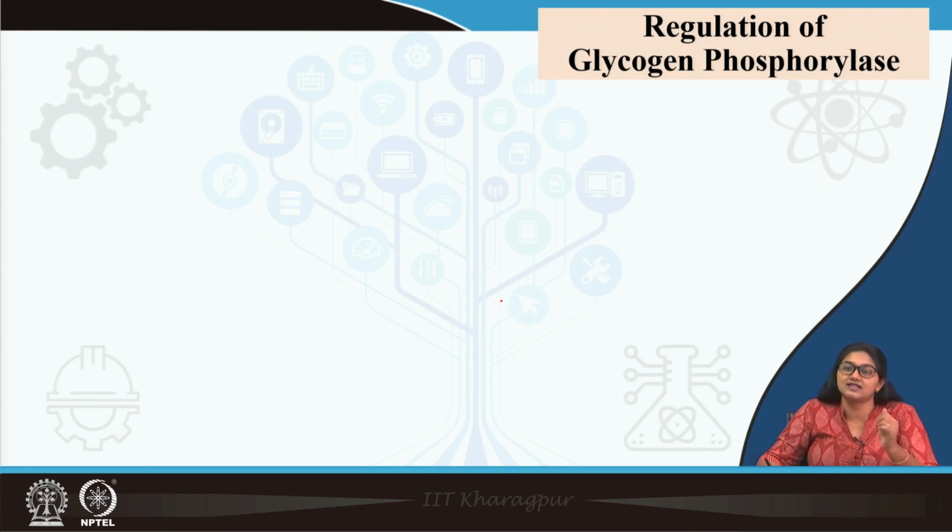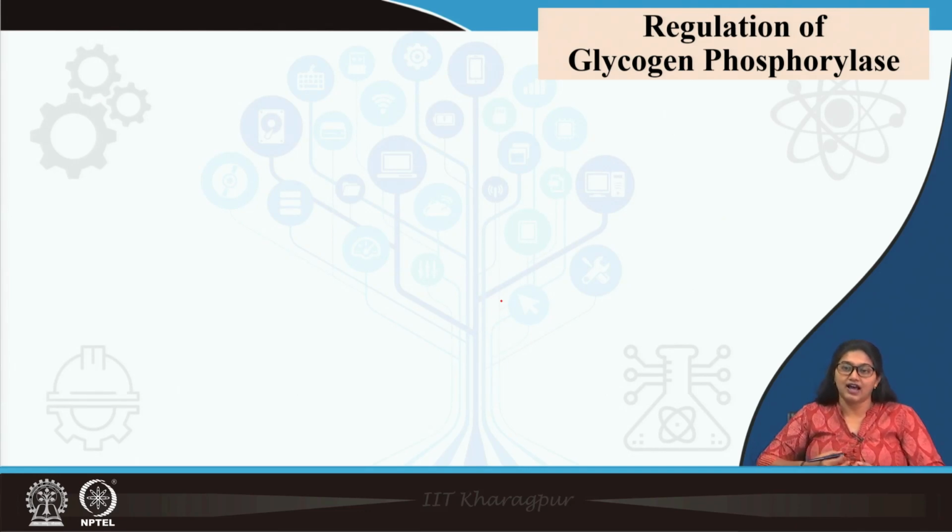This is the first enzyme where covalent modification by phosphorylation and dephosphorylation was discussed. And it is also the first allosteric enzyme whose active and inactive structures were illustratively demonstrated with X-ray crystallography. So, glycogen phosphorylase is one very important enzyme.